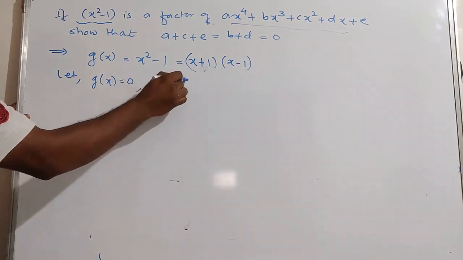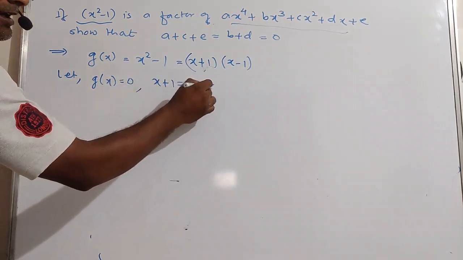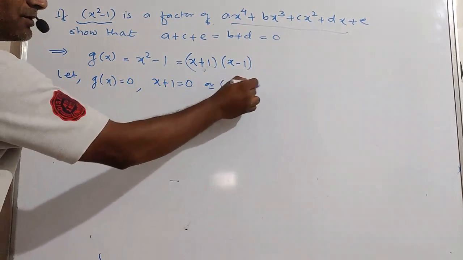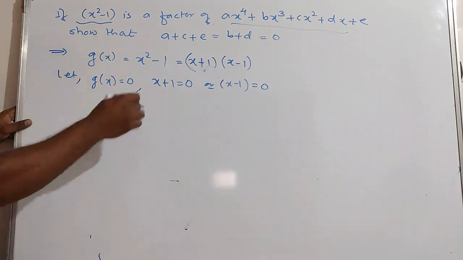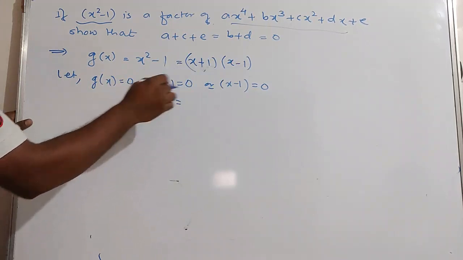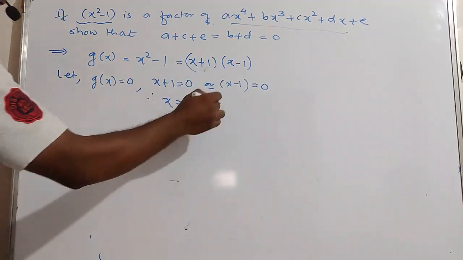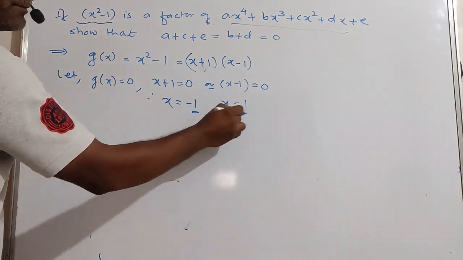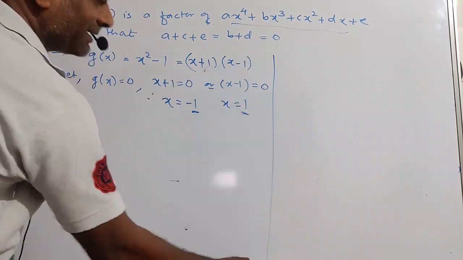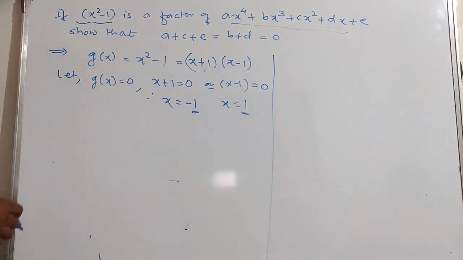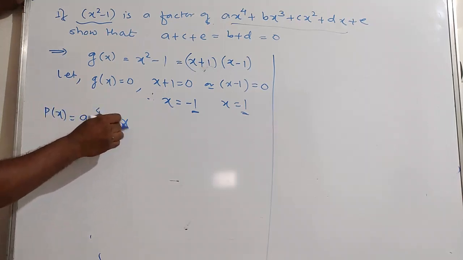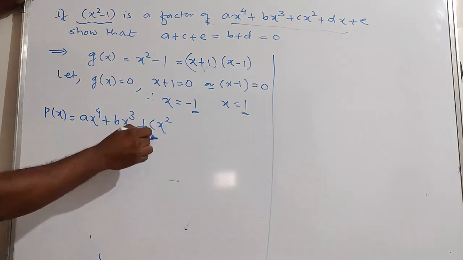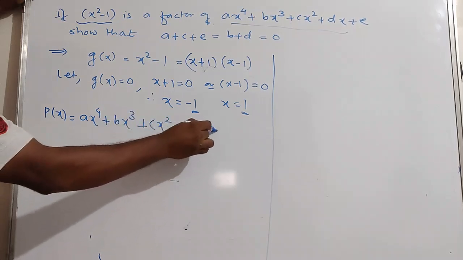Therefore x plus 1 will be 0 or x minus 1 will be 0. If this term is 0, then either this will be 0 or this will be 0. So here I will get two zeros. That is x is equal to minus 1 and x is equal to plus 1. Likewise, I will get here two zeros. Given polynomial is p of x is equal to ax raised to 4 plus bx cube plus cx square plus dx plus e.